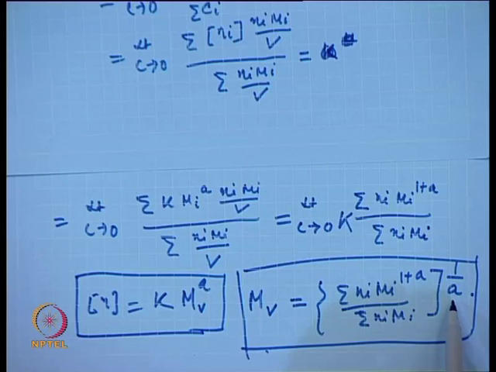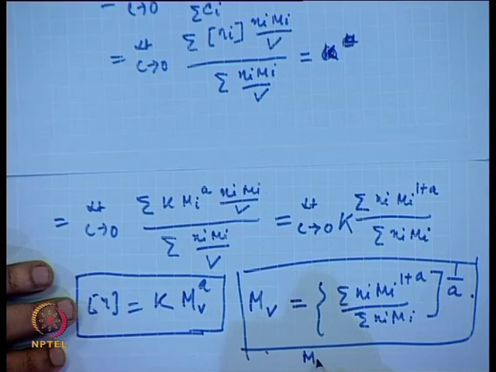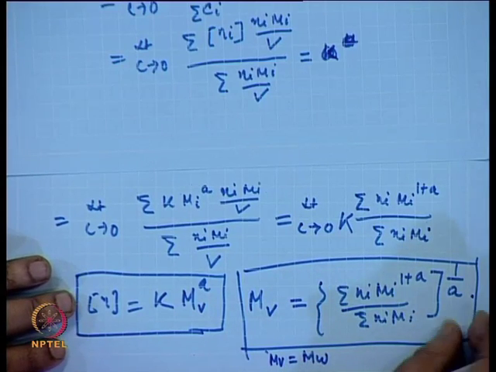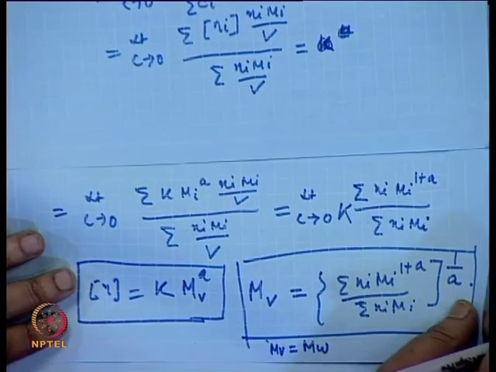If a is 1, which we just discussed is for highly elongated rod-like molecules, then M_v would be the same as M_w.